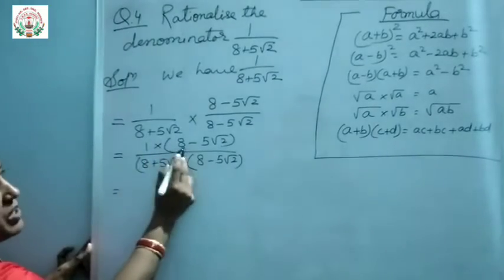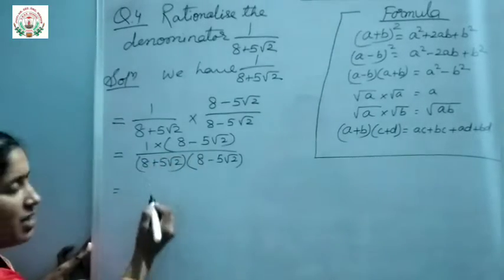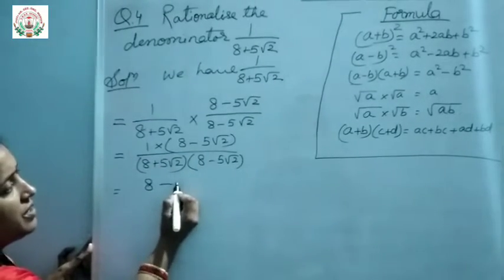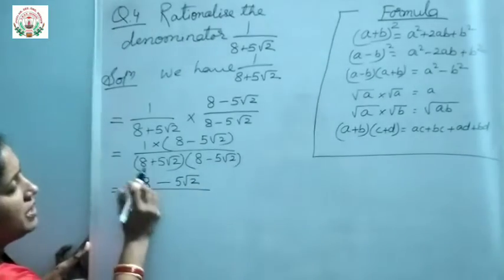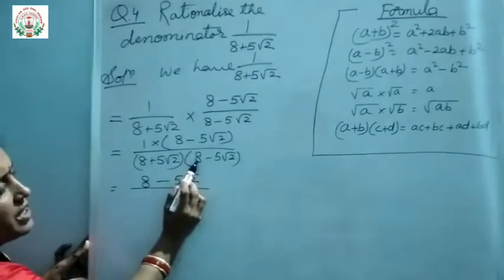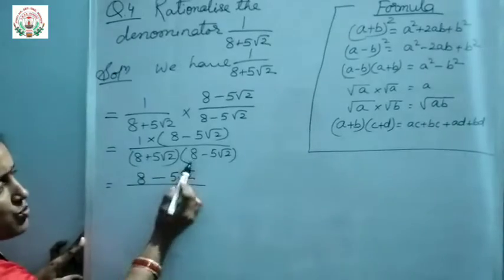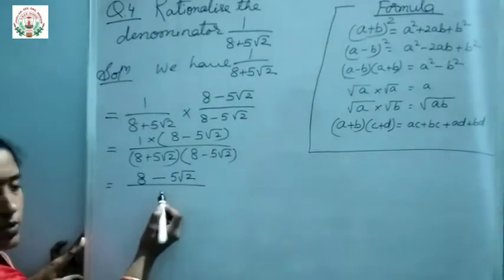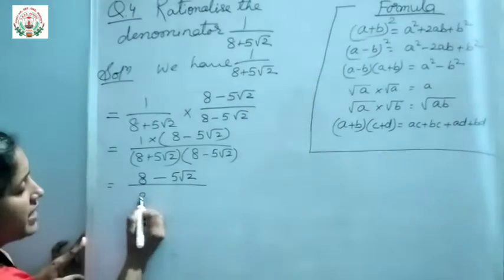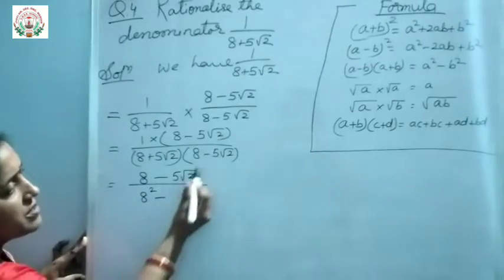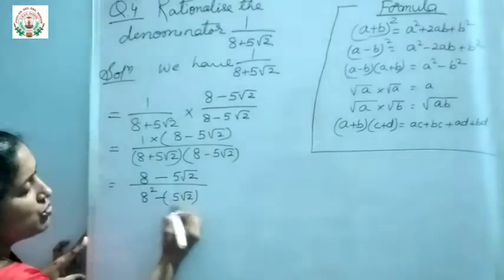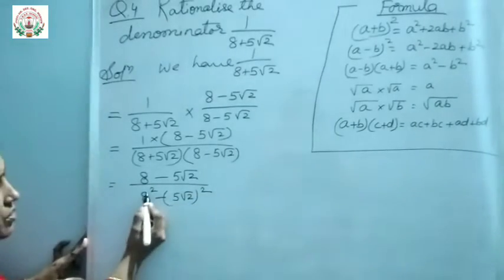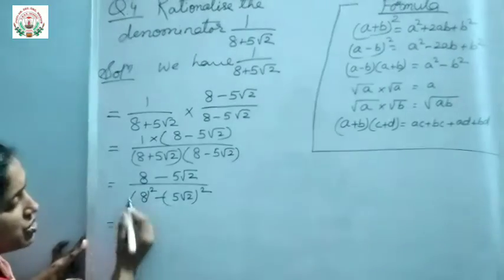First, 1 is multiplied to this number, which means the same number will come. So the numerator will be 8 minus 5 root 2 upon a plus b into a minus b, which equals a square minus b square. So a square is 8 square, minus b square, which is how much? 5 root 2 whole square.